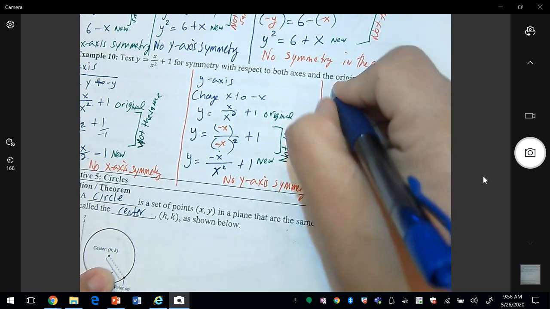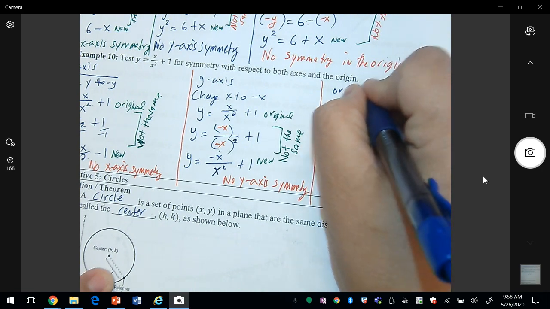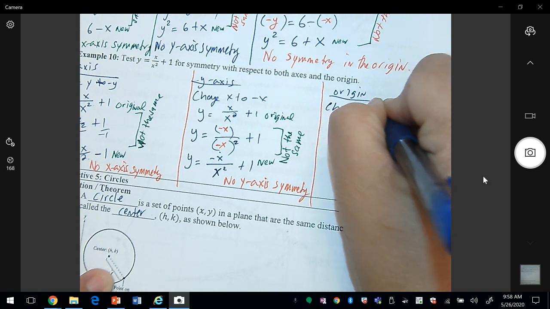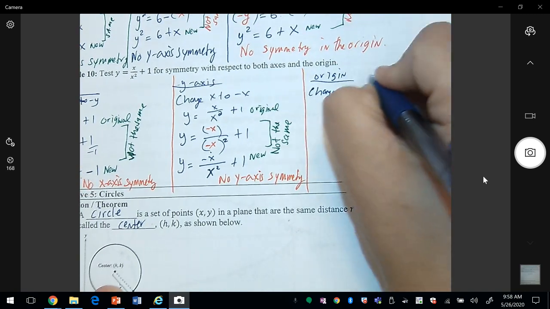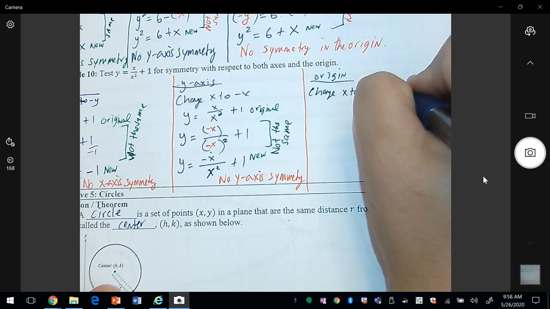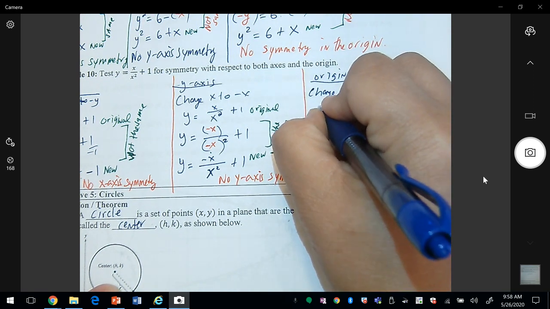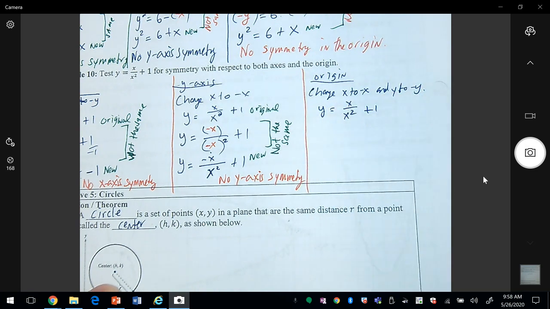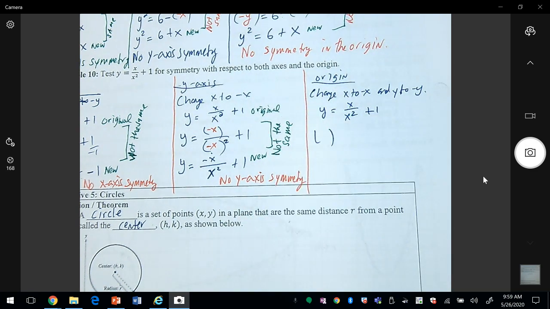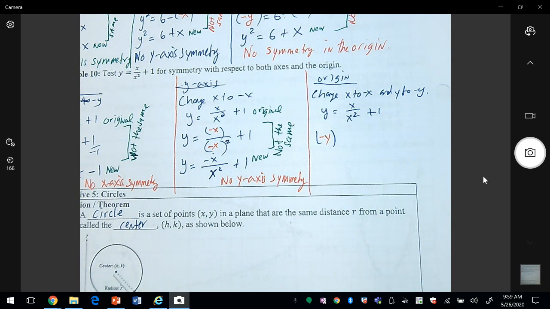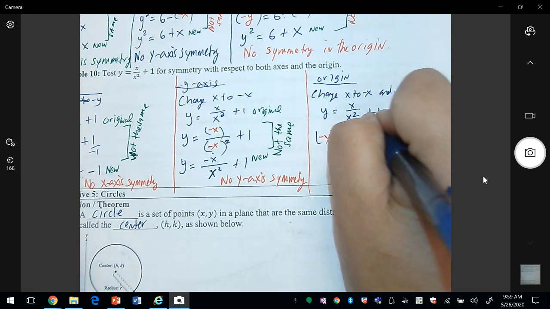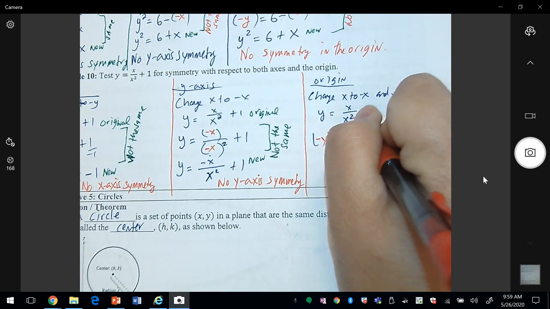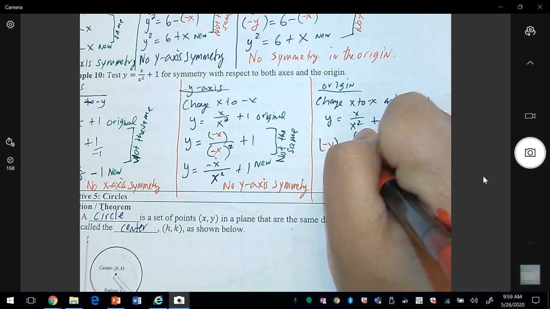And then last, we can check the origin. So we're going to change x to negative x and y to negative y. So here I have y. I'm going to change that to negative y is equal to negative x divided by negative x squared.